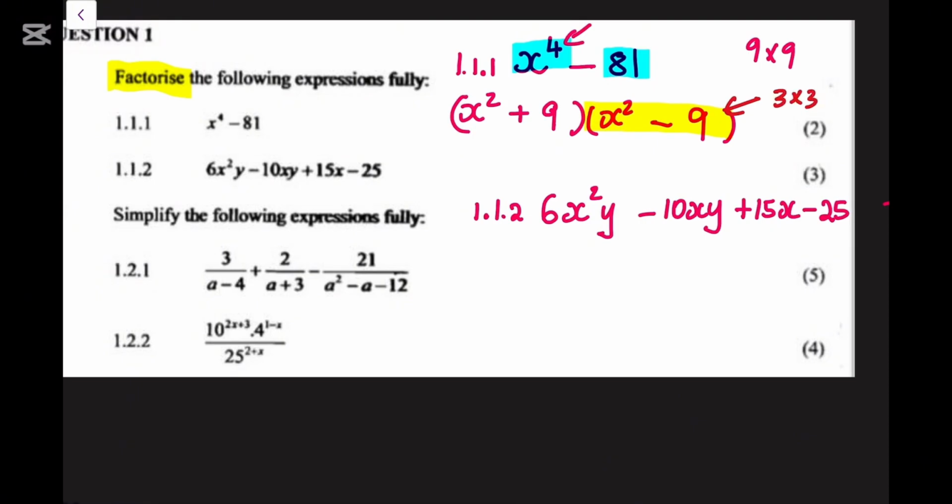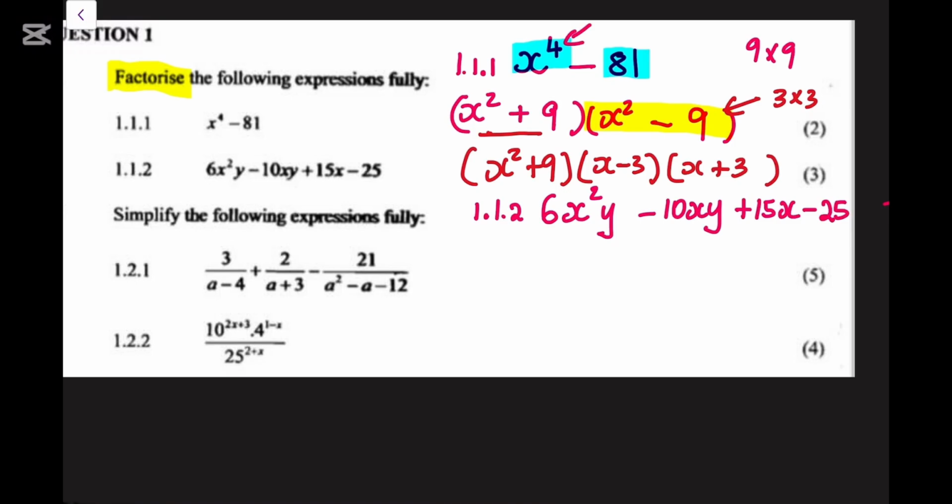Unfortunately, there is no sum of two squares, so this one we cannot factorize further. We will bring it as it is, so we have x squared plus 9. And then we can factorize another difference of two squares, which will be x minus 3 and then x plus 3. And then we have factorized fully.